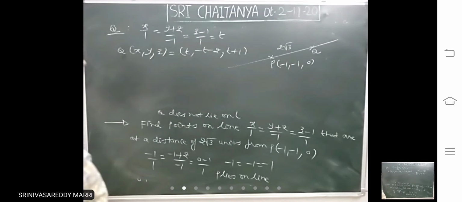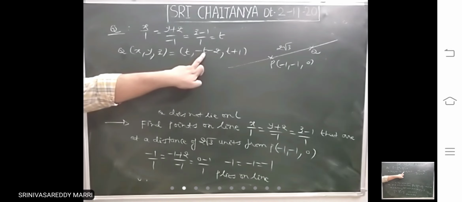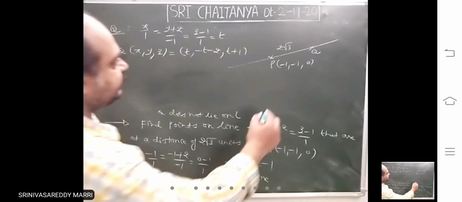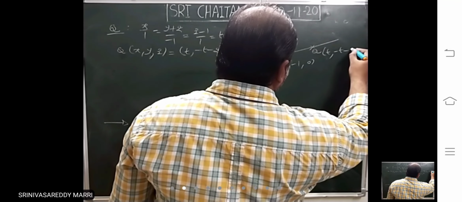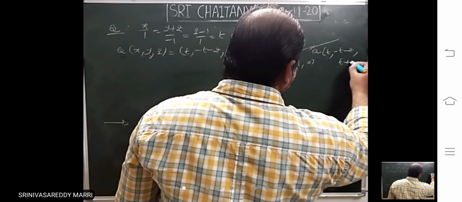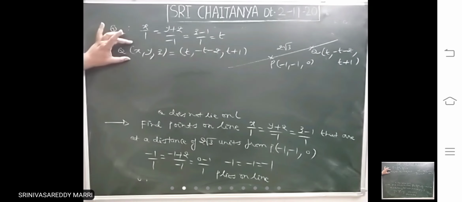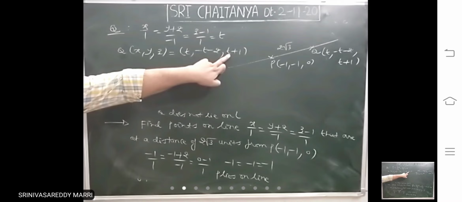T plus 1. Therefore, Q point is nothing but T, minus T minus 2, T plus 1. Q point can be taken like this. Any point on the line, you have to calculate x, y, z. Now if you calculate the T value, you will get the Q point.